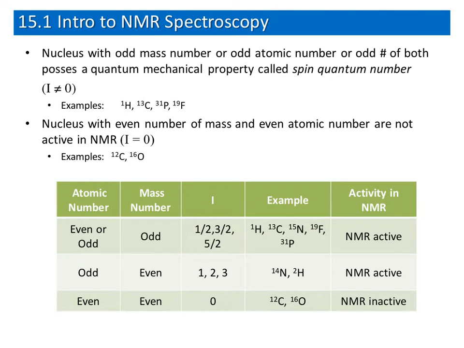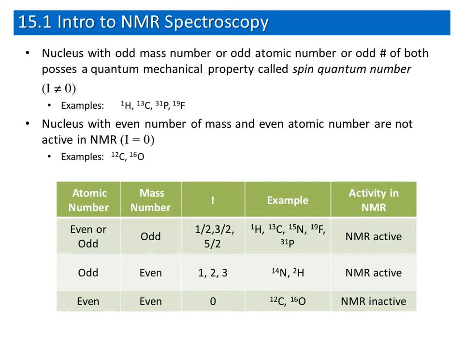So for carbon, in general chemistry, you probably did the calculation for the carbon isotopes, carbon 12 and carbon 13. So carbon 12 is the most abundant by far. It's much more abundant than carbon 13. However, it's NMR inactive because carbon 12 has an even mass number and an even atomic number.